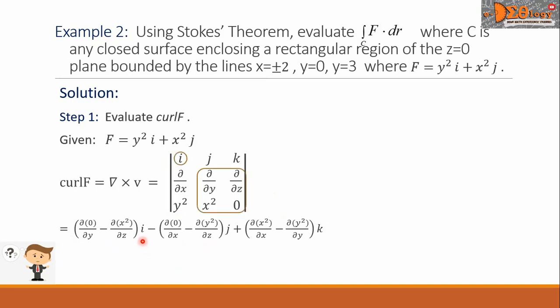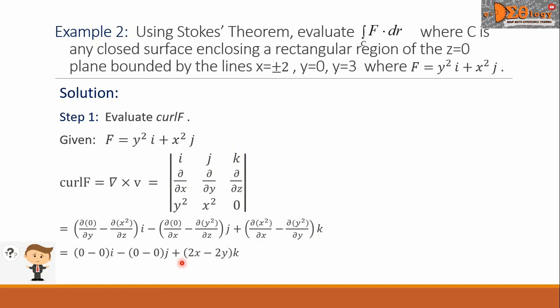For the component i, we have the partial derivative of 0 with respect to y, minus the partial derivative of x squared with respect to z, minus the component j multiplied by the partial derivative of 0 with respect to x minus the partial derivative of y squared with respect to z, plus for the component k, this is multiplied by the partial derivative of x squared with respect to x minus the partial derivative of y squared with respect to y.